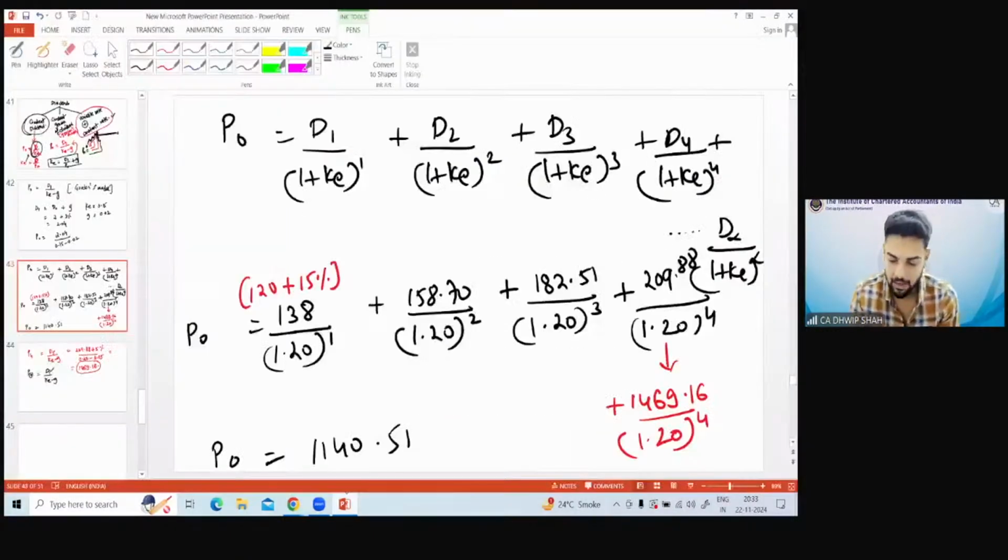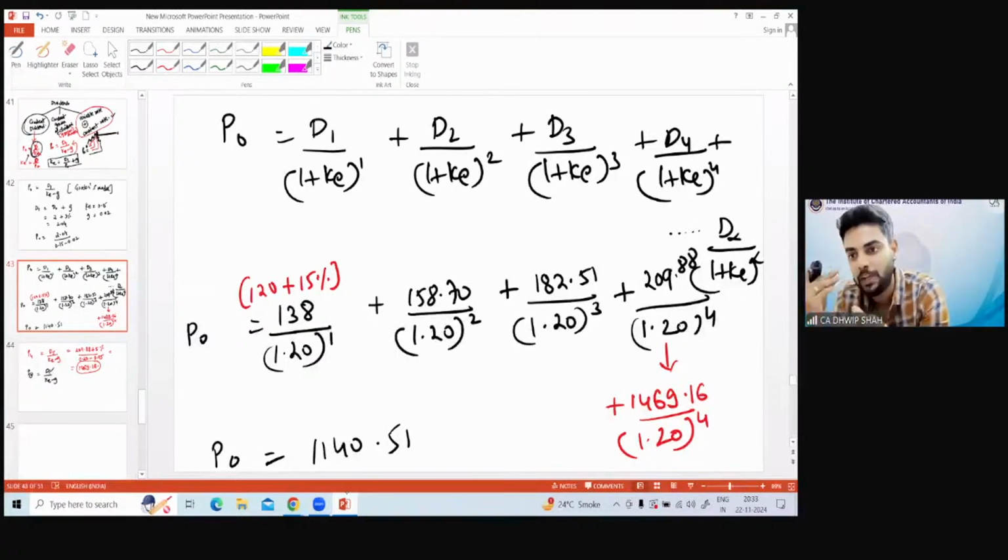Understood how variable growth plus constant rate works? From the year where the growth rate is constant, you apply Gordon's formula because all the assumptions of Gordon's are falling in place. So you estimate the worth at that year. In this case, it was year 4 because from year 4 onwards, growth was constant.